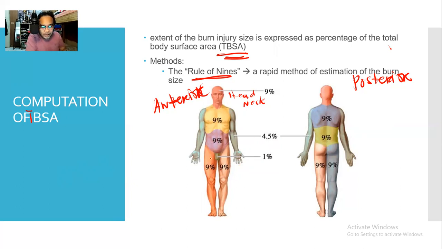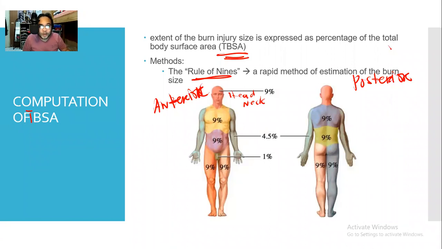Okay. Now, you also have here your anterior natin, 9%, and you also have there the posterior 9%. If you're going to total this one, that would make up 100%. Try ninyo compute, class, kung 100%. Yes, it is 100%.